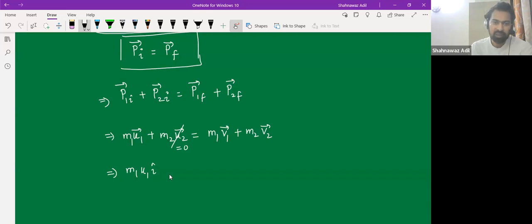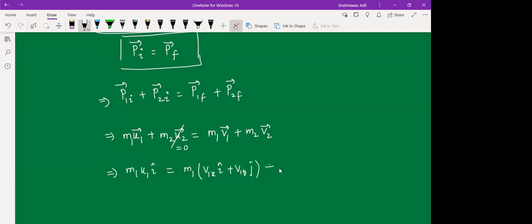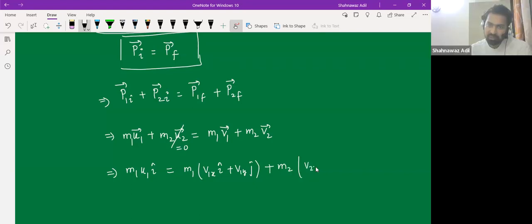Similarly, we have M1 and V1 is how much? So this is V1X I cap plus V1Y J cap. Similarly, we have M2 and this is V2X I cap minus V2Y J cap.